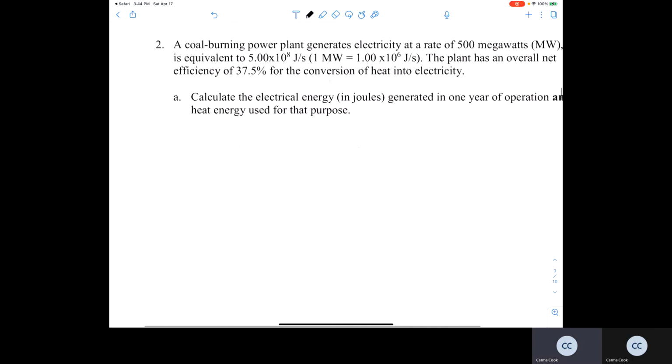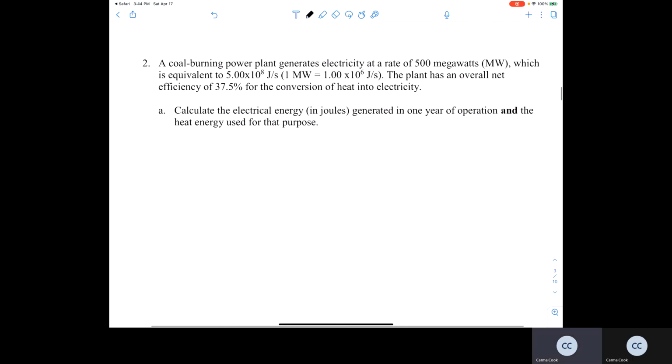The next question: if you have a coal-burning power plant that's generating electricity at a rate of 500 megawatts, 500 megawatts is equivalent to 5 times 10 to the 8 joules per second, because 1 megawatt is 1 million joules per second. That causes the plant to have an overall net efficiency of 37.5% for the conversion of heat into electricity.